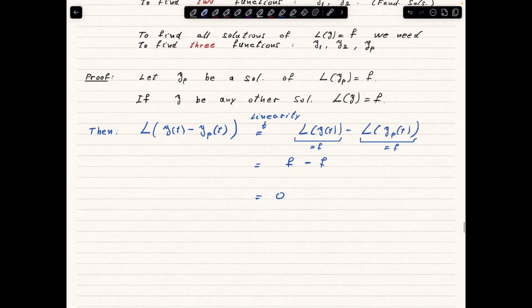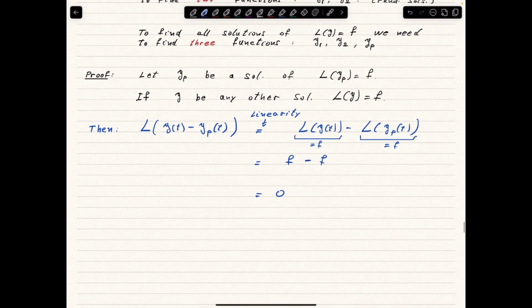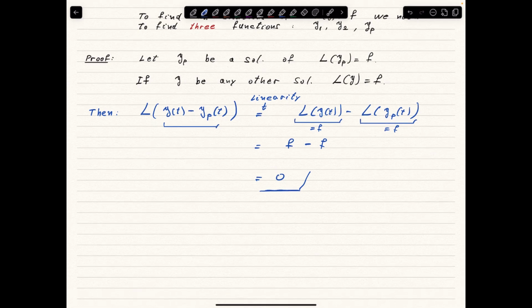So it turns out that the difference of the two solutions of the non-homogeneous equation satisfies the homogeneous equation. So y of t minus yp of t solves the homogeneous equation.